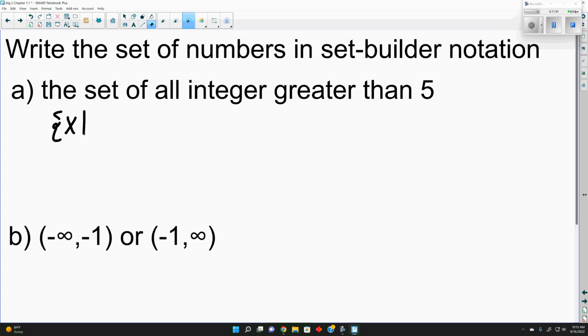So, looking at this one here, we're on the second page. The set of all integers greater than 5. So we'll start off with brace x bar, the set of all real numbers x, such that what? X is? So what is x?